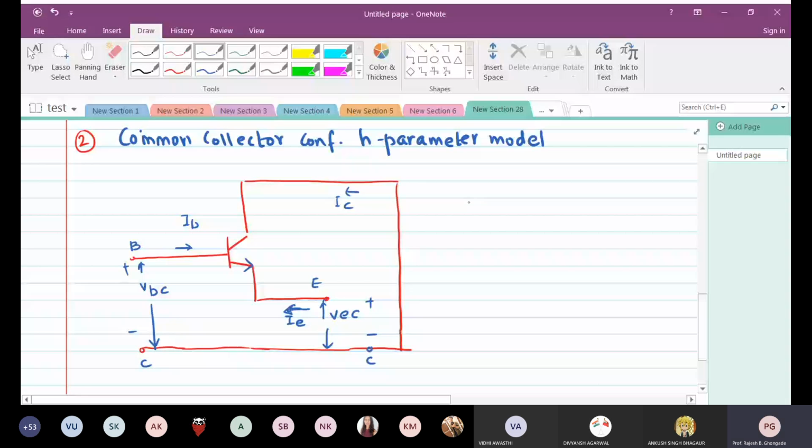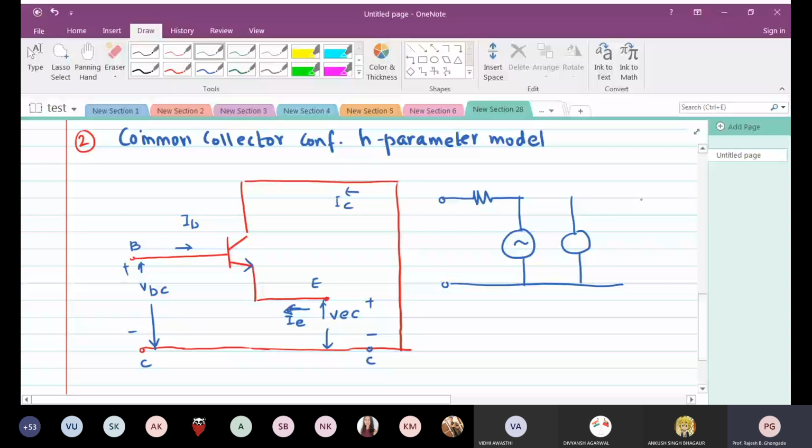So this is the common collector configuration, and we are drawing the H parameter model. Again, you'll see the pattern over here: we are always going to use a voltage source in series with a resistor, and a current source in parallel with a resistor.